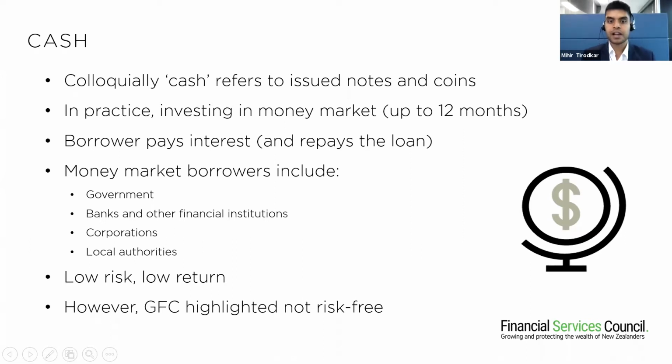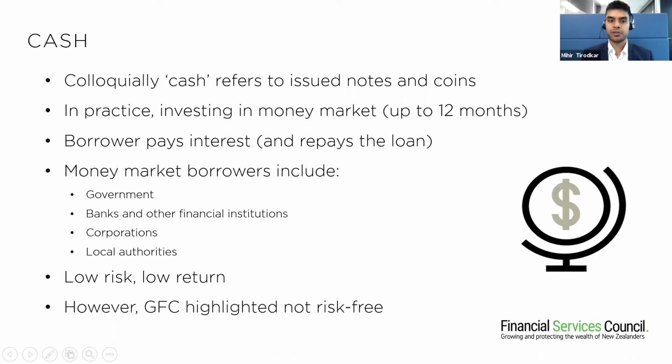Money markets are short-term debt instruments, which typically have maturities of up to 12 months, but are also usually much shorter. The borrowers pay interest and repay the loan, and as the lender or the investor in cash, we earn the interest and we get our loan back at the end of the maturity.